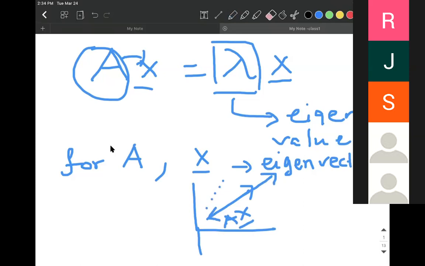That's not allowed. It changes the length by lambda. So lambda is the magnitude of the change of length of the vector x, and it keeps the same direction, or it just reverses the direction. So it cannot orient itself any other way. Okay, so that's what eigenvalue and eigenvector are.